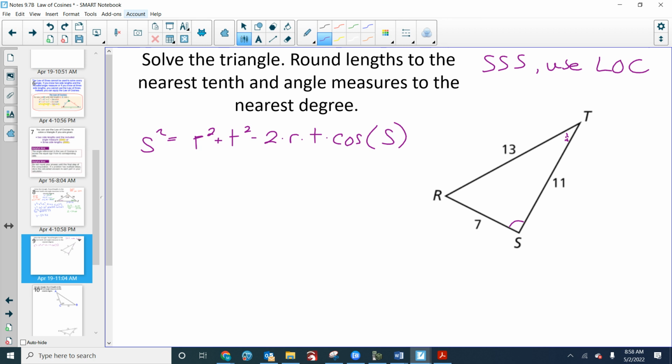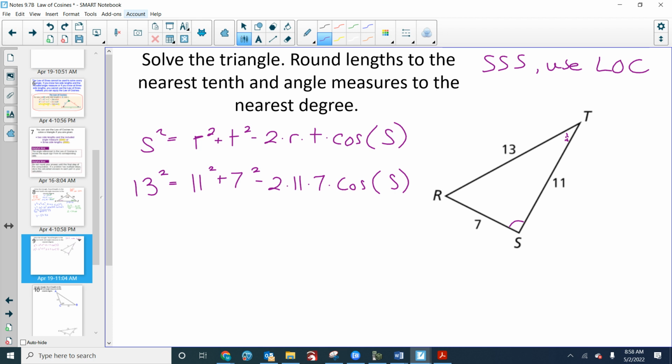You're going to have it memorized by the end of the homework. All right, so it's filled in. 13 squared equals 11 squared plus 7 squared minus 2 times 11 times 7 times the cosine of angle S. Everybody understand how we got that?